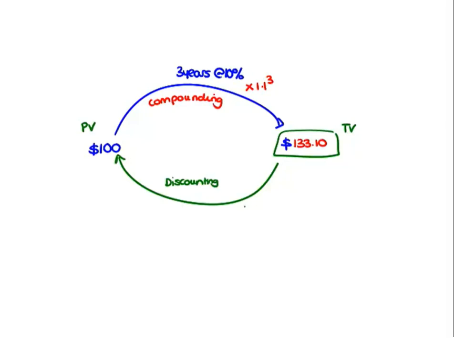And the way that we're going to do that is we could divide by 1.1 to the power 3. So 133.1 divided by 1.1 cubed is equal to $100. Or alternatively, we can say that we multiply by 1 over 1.1 cubed. And we call this the discount factor.